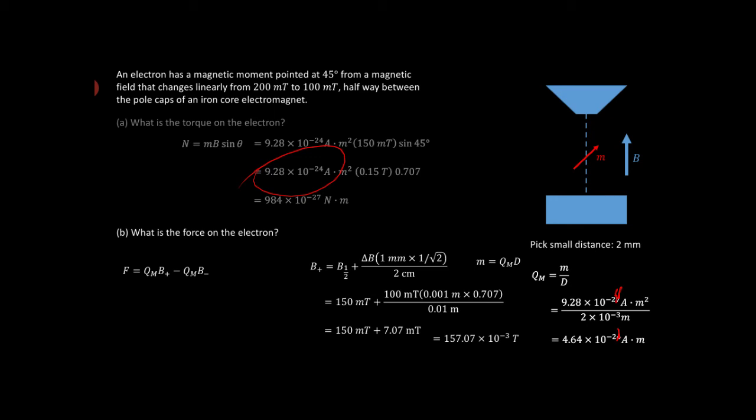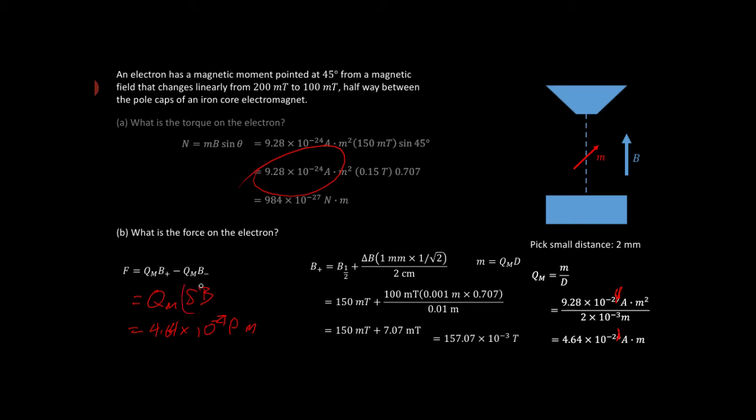Okay, so now we've got these 2 numbers, we can find the net force, right? So we have QM times B1 minus QM times B2. Like I said before, QM times the delta B, and QM is 4.64 times 10 to the minus 21 amps times meters.